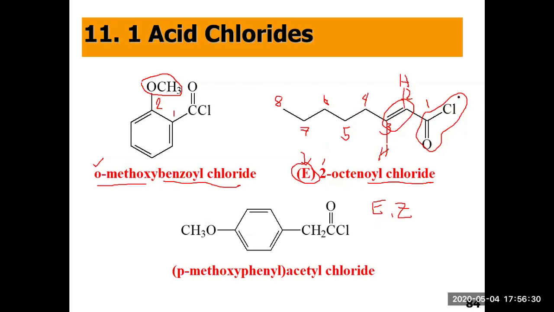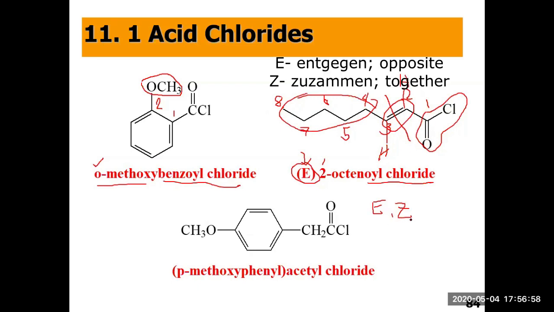Now this group has priority over hydrogen, and if we look at this side here, this alkyl chain has priority over hydrogen. So if we put a line here that divides this double bond, we notice that the priority groups are on opposite sides. That is why we use E.